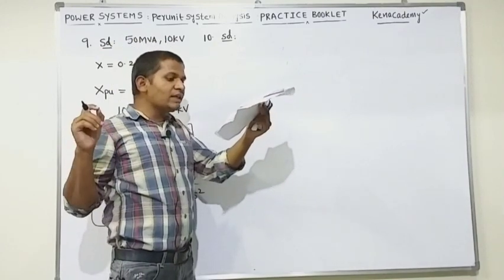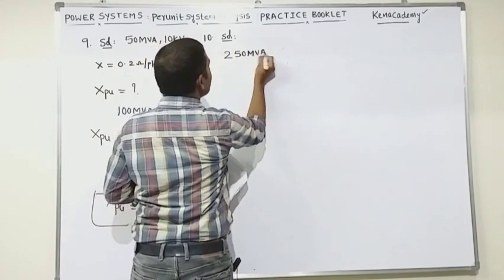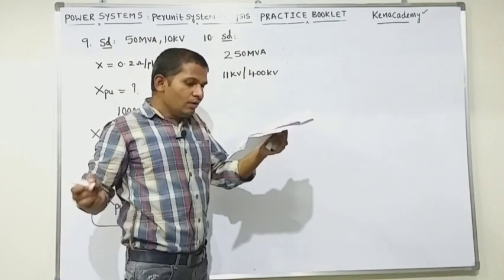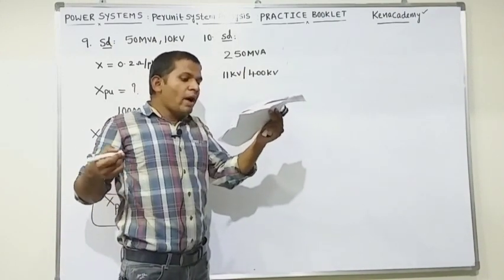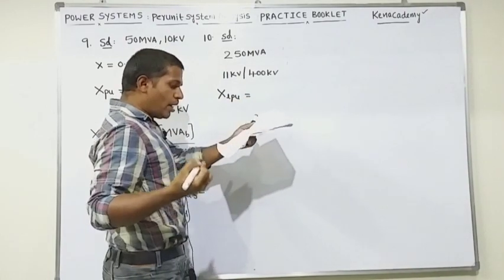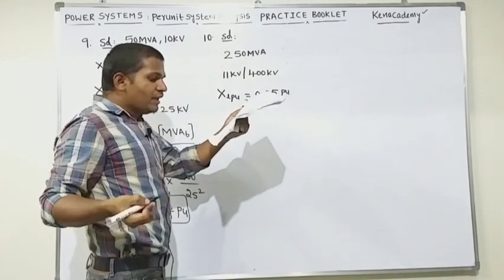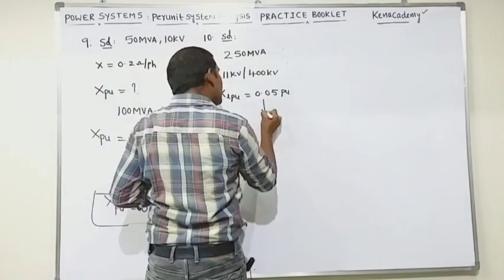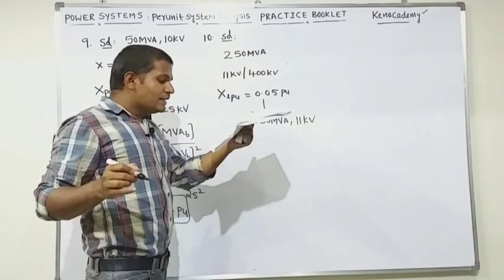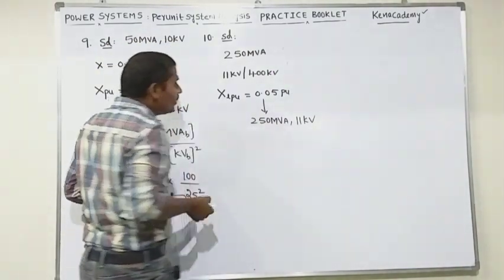If a 250 MVA 11 kV by 400 kV 3 phase power transformer, given rating is 250 MVA 11 kV by 400 kV 3 phase transformer, has leakage reactance of 0.05 per unit, on the base of 250 MVA and the primary voltage of 11 kV, then the actual leakage reactance of the transformer referred to the secondary side of 400 kV. Then you want to find what is the actual leakage reactance.